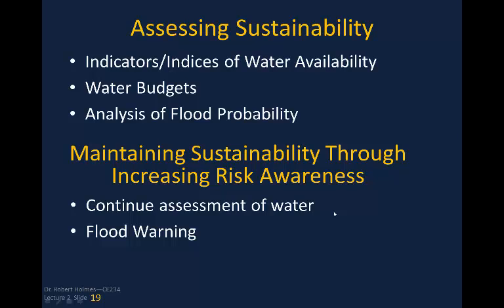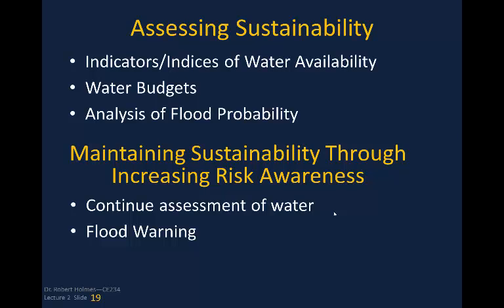If we assess the sustainability of our water resources, we have various ways to do that, and we do that through indicators or indices of water availability. We can do that looking at water budgets, how much is available for our use, and then what are we using.